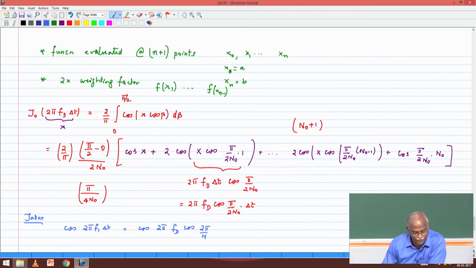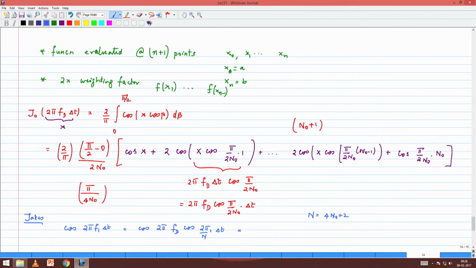Go back and look at the frequencies, into n is equal to 1 and then delta t. This can be rewritten where n is equal to 4 n naught plus 2. We use that relationship and rewrite this in the following way. We write this as cosine 2 pi fd into pi divided by 2 n naught plus 1 times delta t.